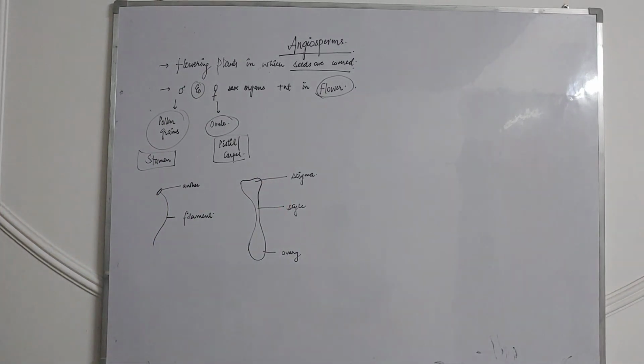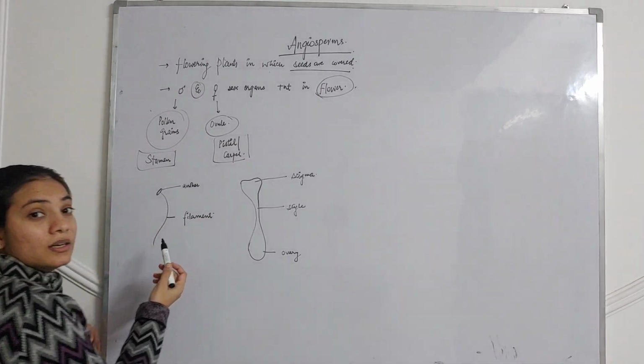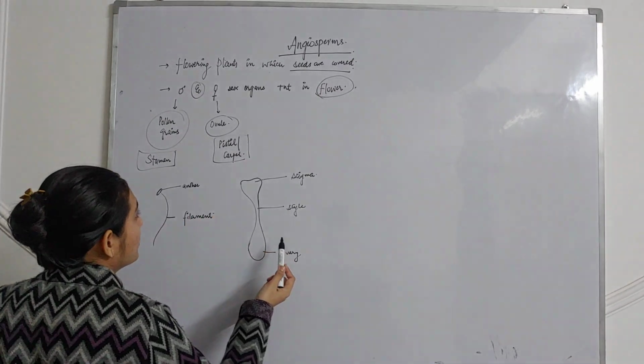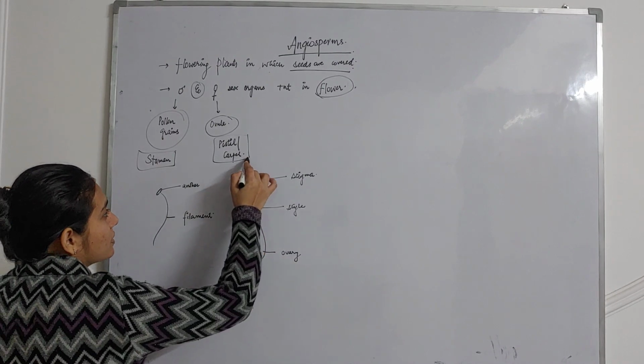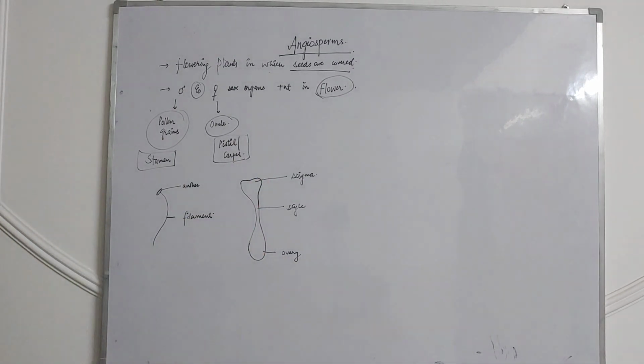So this is the male reproductive organ, and this is the female reproductive organ, or we can say the female sex organ in the plant.